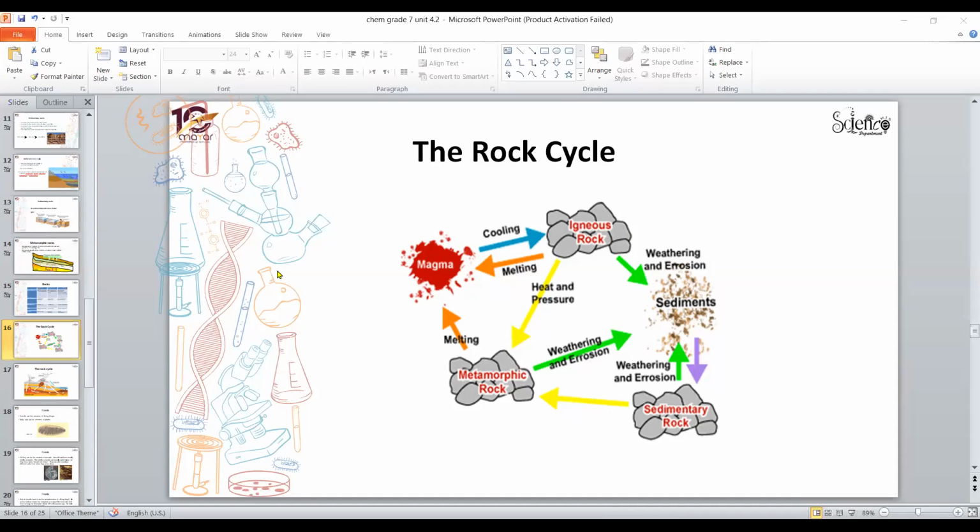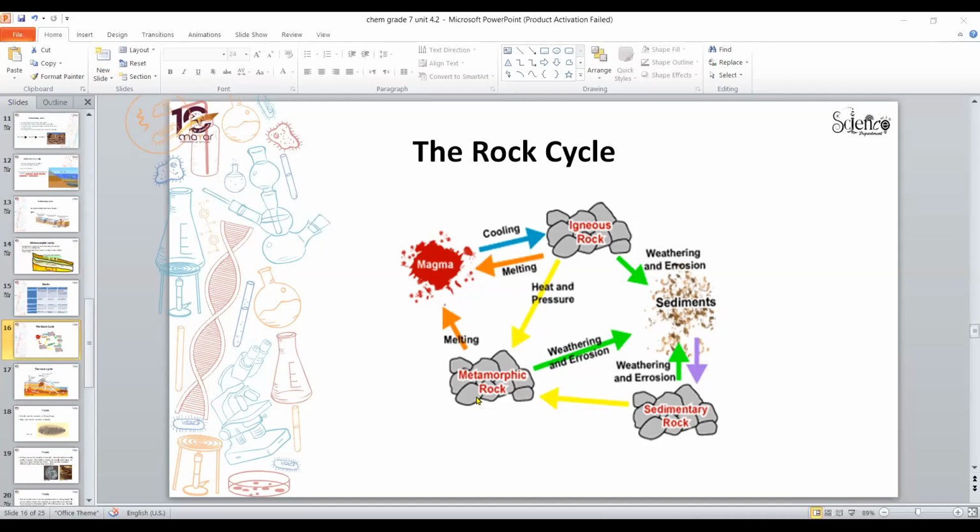And it's not necessary to go through all parts of the cycle. For example, igneous rock can go directly under pressure and temperature and change into metamorphic, or metamorphic can be on the surface under weathering and erosion and change into sedimentary rocks.